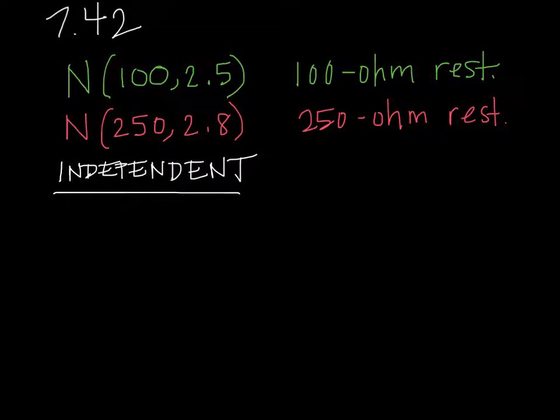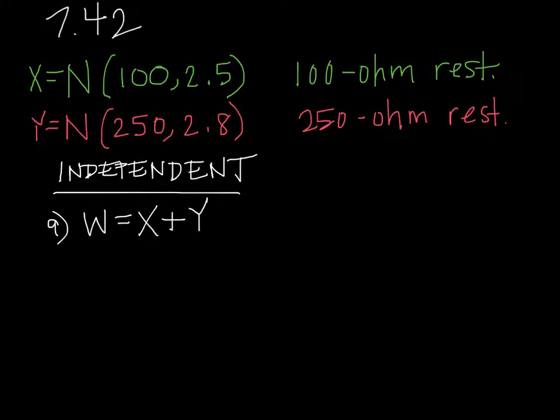For part A, what is the distribution of the total resistance of the two components in series? So I've got these two variables here. I'm going to call them X and Y. I'm going to write a new random variable W to be the addition of these two pieces.